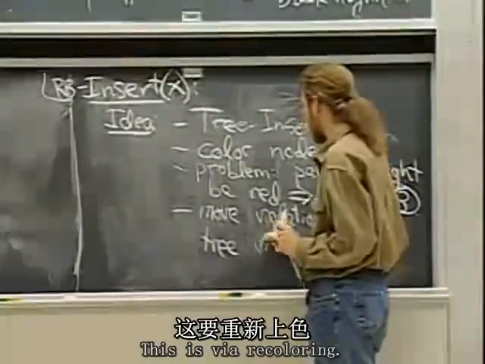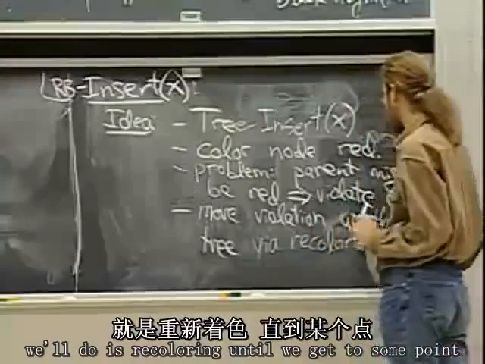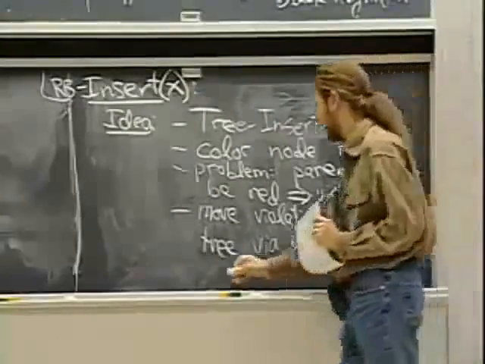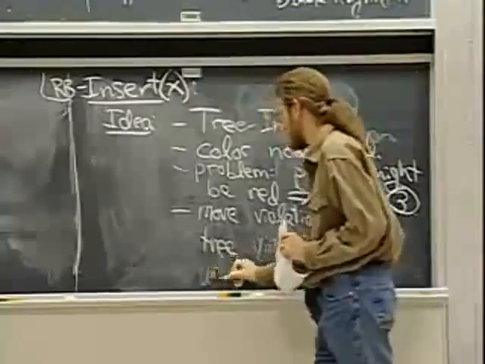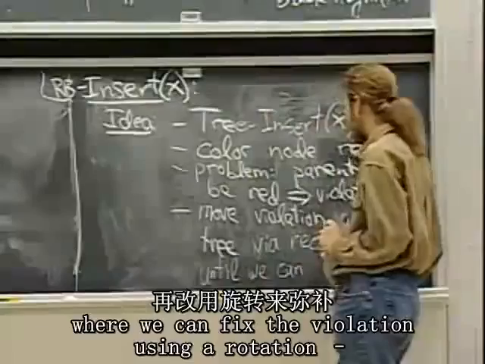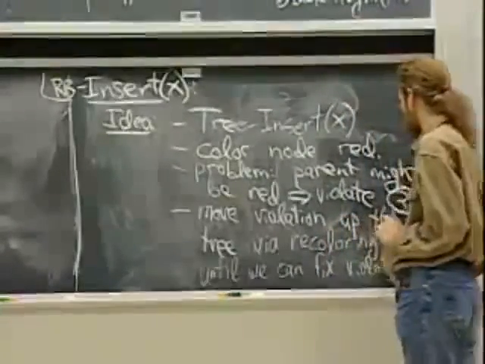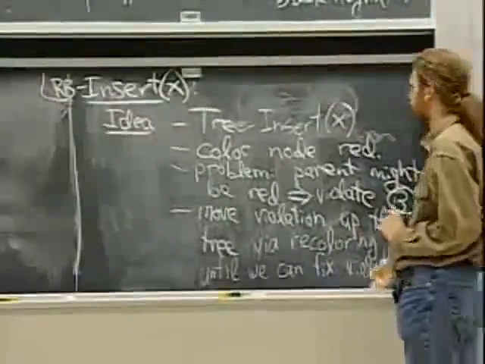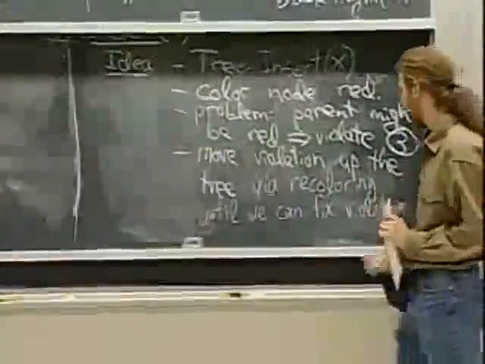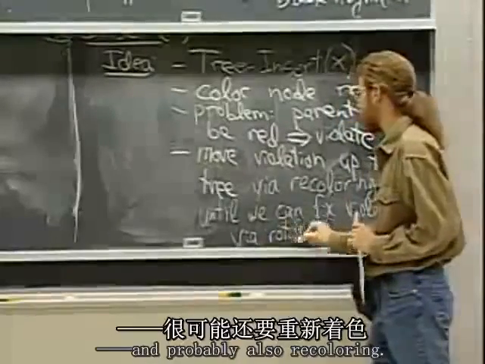This is via recoloring. Only thing initially we'll do is recoloring until we get to some point where we can fix the violation using a rotation. And probably also recoloring.